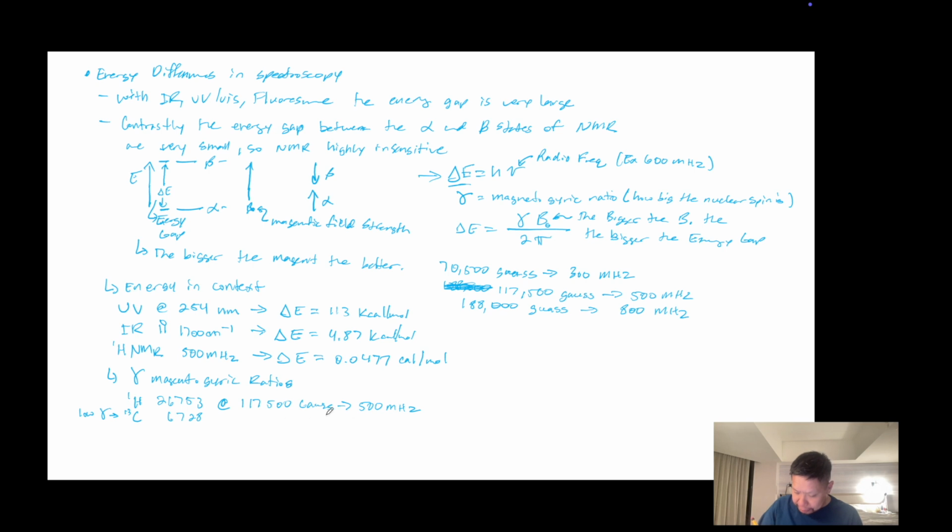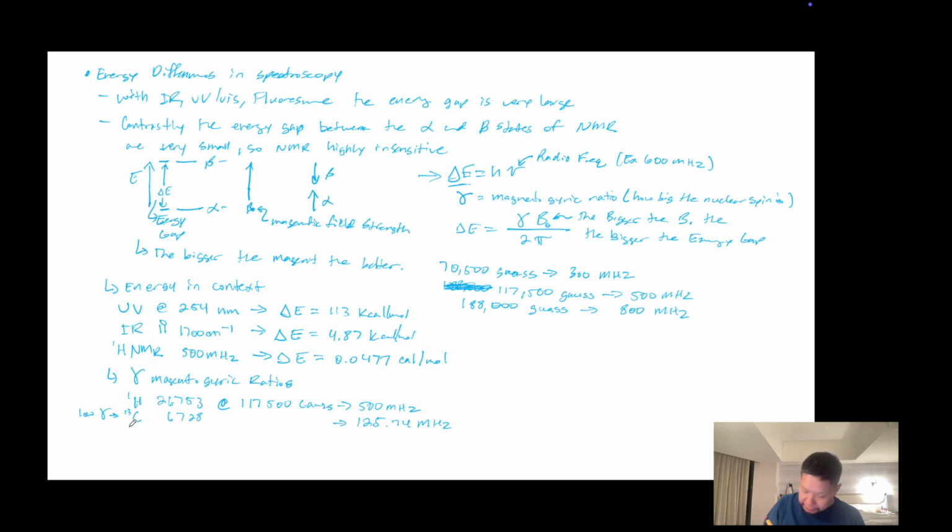And at the same strength magnet, we only get a change in energy, or a gap, of effectively a magnet of 125.74 megahertz. All right.